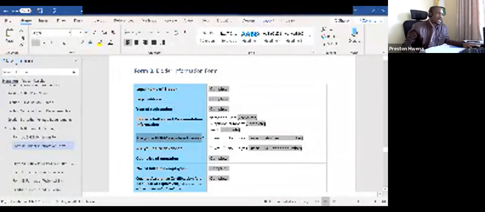When you open your purchase order, take for example, let me just open a purchase order.